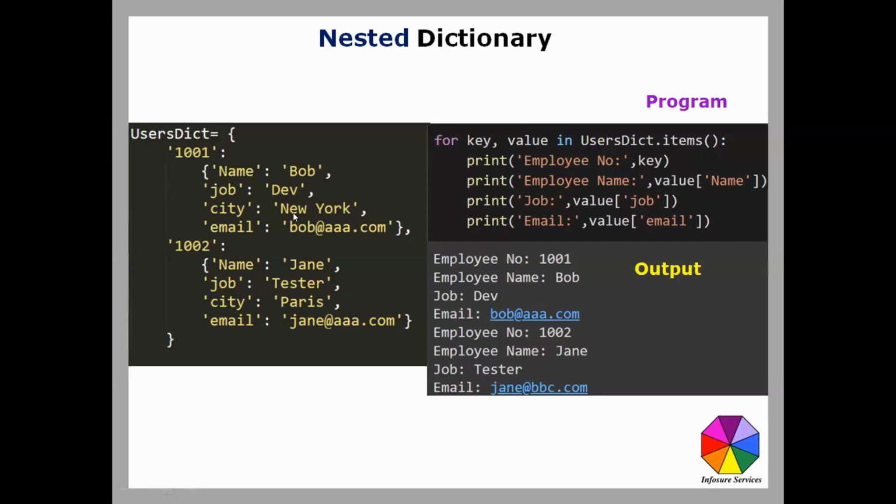So 1001 is a key, and the whole value itself is another dictionary. So this is a nested dictionary. Then, a comma separating it, we go to the next user, 1002, with an inner dictionary that has the same key structure and values: name Jane, job tester, city Paris, email jane@reply.com. So this is a nested dictionary.